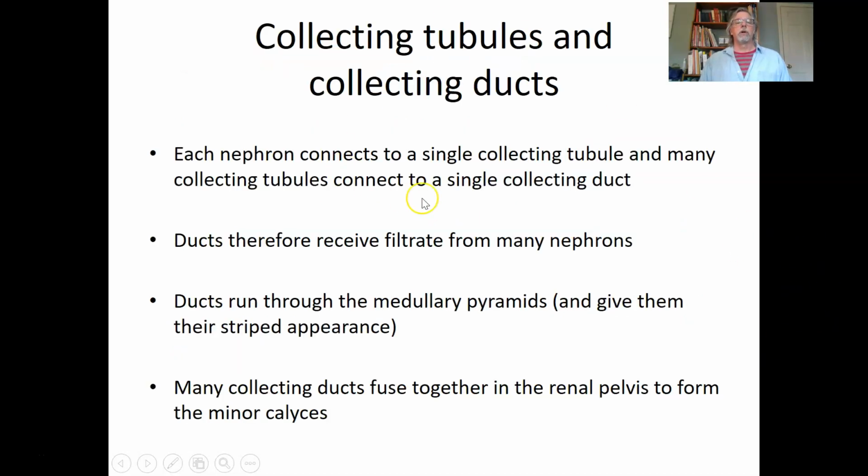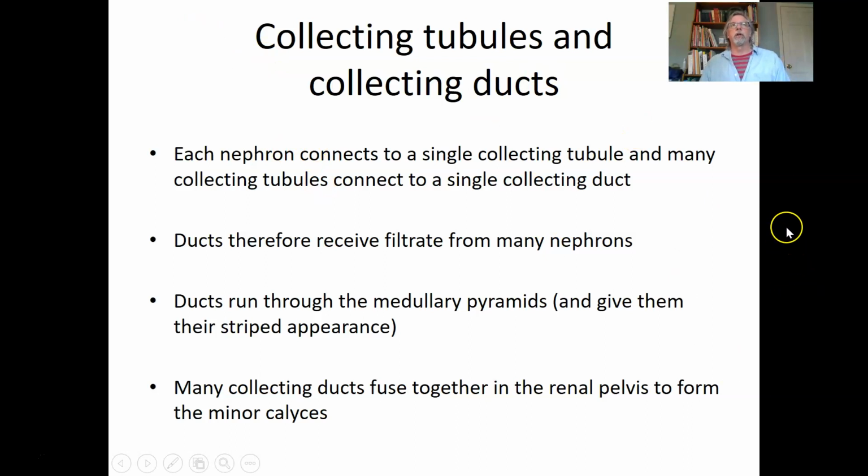All right, so a brief slide to talk about collecting tubules and collecting ducts. What's the difference between those terms? So each nephron, each renal tubule, the distal convoluted tubule is going to connect to a collecting tubule.